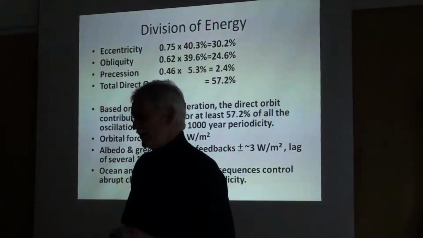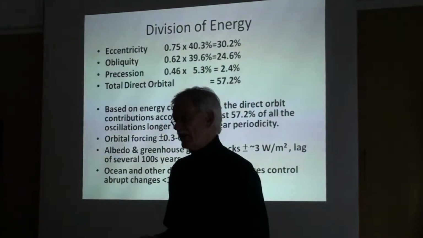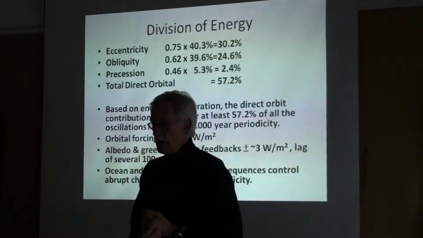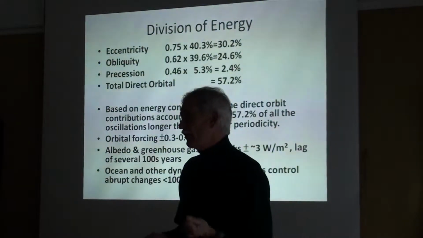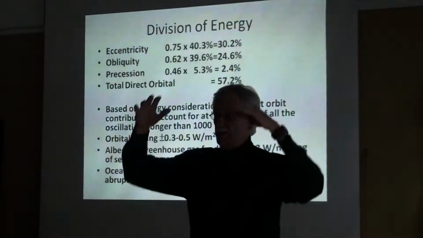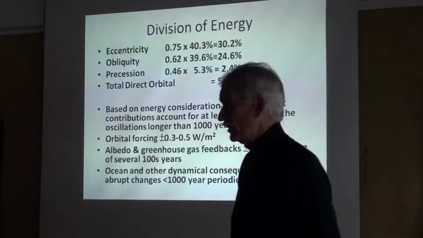From our analysis of this, we conclude that eccentricity, obliquity, and precession explain about 57% of the total variation of these data in a variance sense. And this results in an orbital forcing of about 0.3 to 0.5 watts per square meter. So that's very, very small if you consider the energy from the sun at the top of the atmosphere is about 1361 watts per square meter.